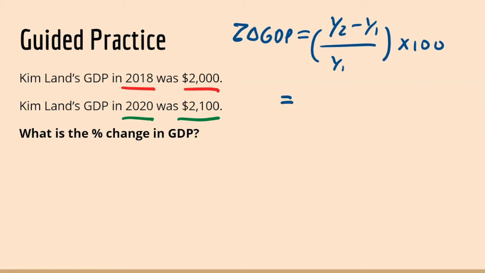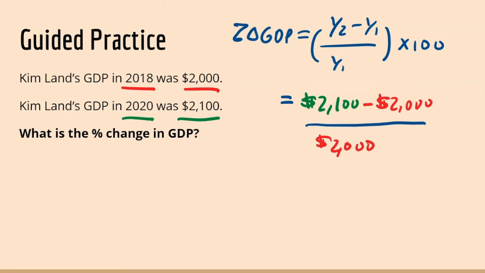So our percent change in GDP is going to equal, well, what's the second year? The first year is 2018, because that happened in the past. So our current year, year 2, is going to be 2020. So year 2 is 2,100, and we're going to subtract the year 1 GDP, which is 2,000. Then we divide that by our year 1 GDP, which is $2,000.